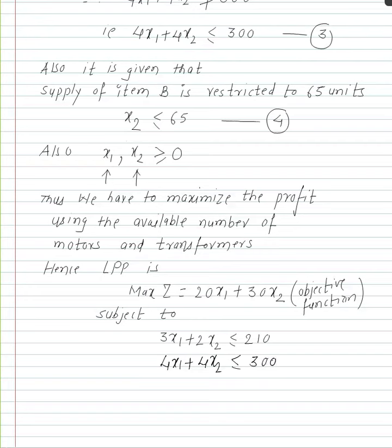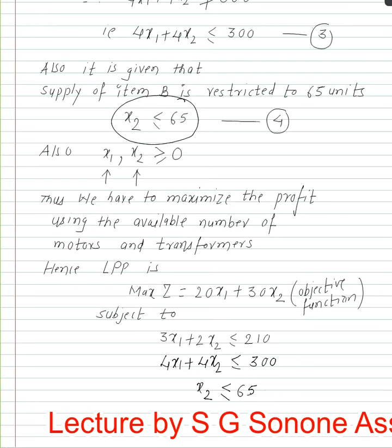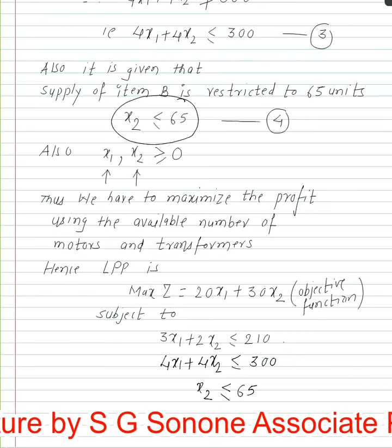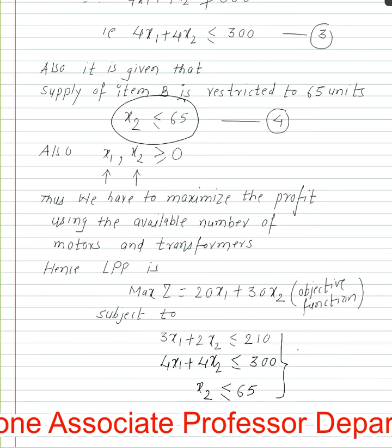This is the constraint on transformers. One more constraint is there. x2 less than or equal to 65. Number of units of item B manufactured in the firm should not be greater than 65. So we write x2 less than or equal to 65. These are the three constraints of this LPP.